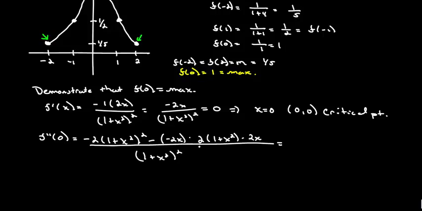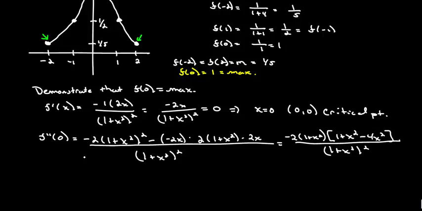I'll factor out a negative 2 and a 1 plus x squared, and then I'll be left with, since I pulled the negative out, a minus sign, and since I pulled a 2 out, I'll have 4x times x, so 4x squared. 1 plus x already got pulled out, so I don't have to multiply it in there. All over 1 plus x squared.